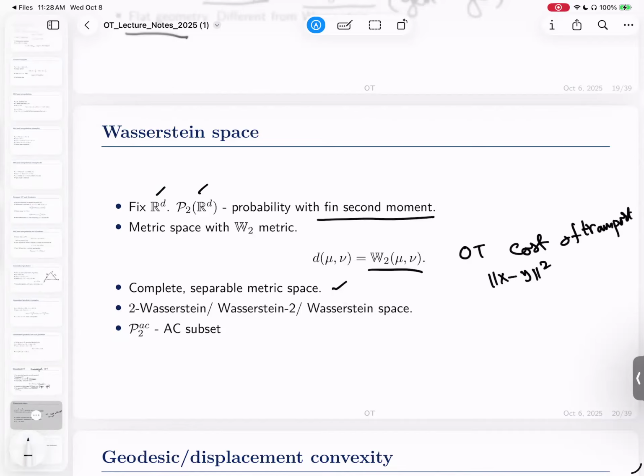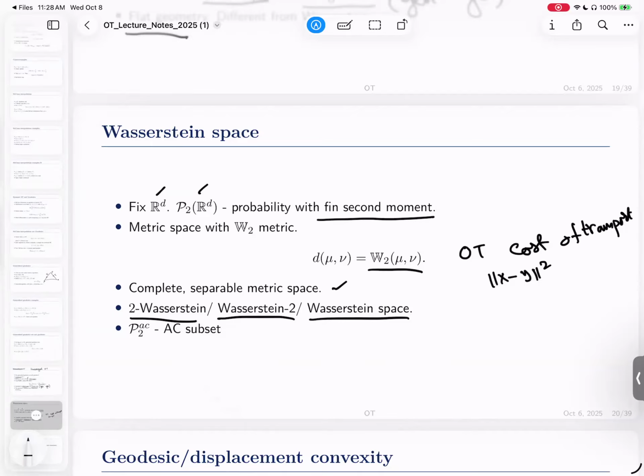On this metric space, I've turned all probability measures with finite second moment into a nice metric space with this metric. This metric space is of paramount importance for the rest of the course, and it's sometimes called 2-Wasserstein space, sometimes Wasserstein space, sometimes just Wasserstein 2 space, a number of names.